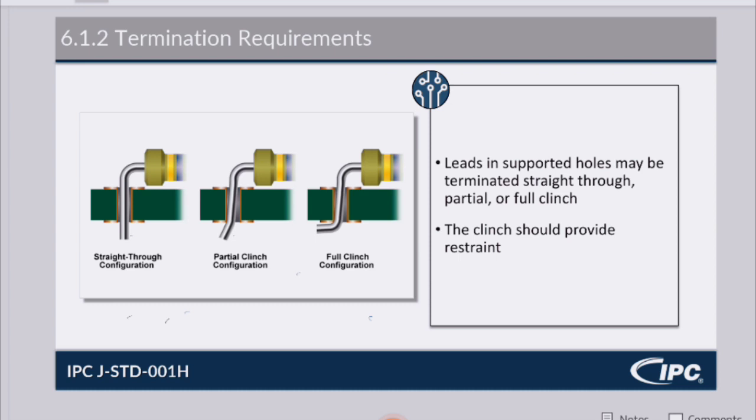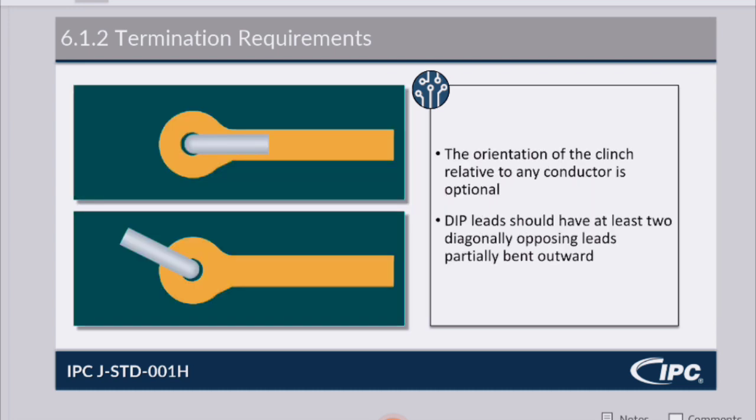So the orientation of the clinch relative to the conductor is optional. Sorry, the orientation of the clinch, so whether you have it going right or left, sideways, whatever, that is optional as long as you have the clinch angle correct. Dip leads.